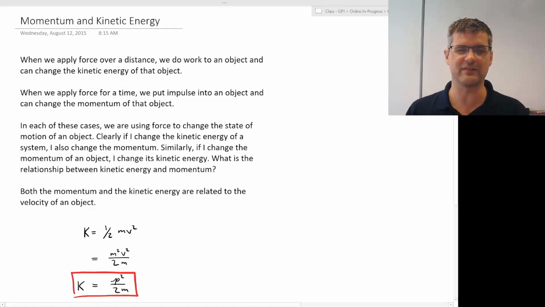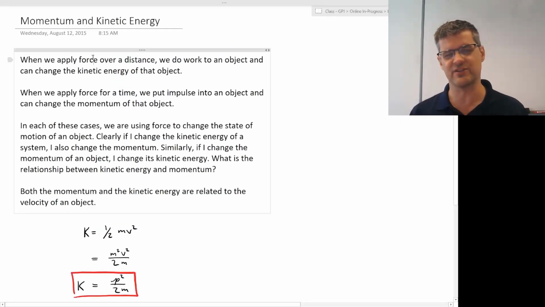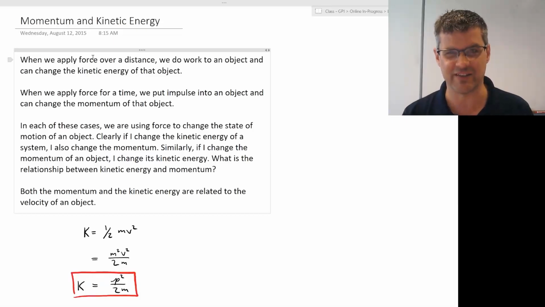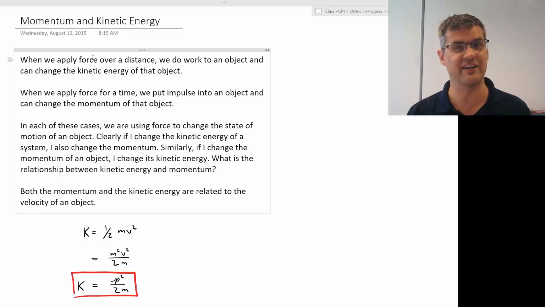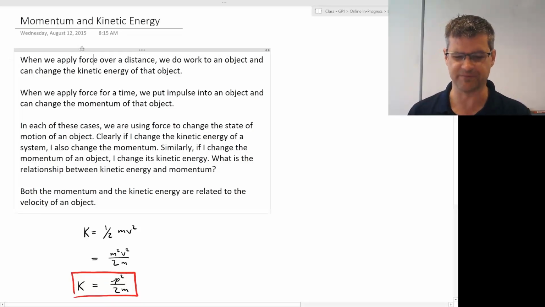Now, as we already noted, there is a relationship between momentum and kinetic energy. If we were to put impulse into a system, we're going to be changing velocities. If we put work into a system, we're changing kinetic energies, which implies that we're also changing velocities. So these things have to be linked together in some way or another.